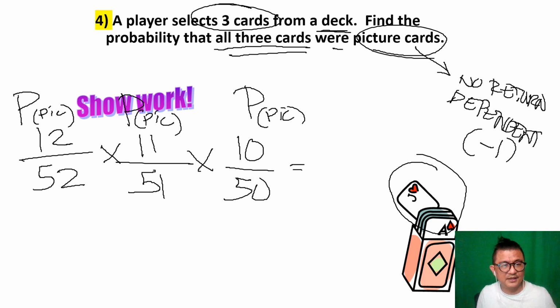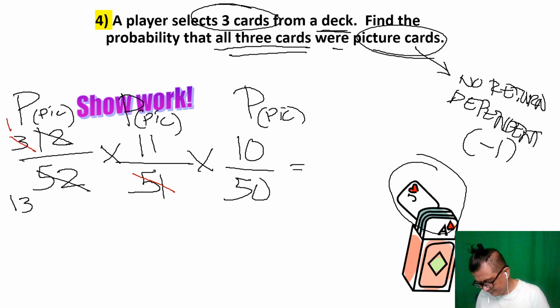I could divide 52 by 4. 52 divided by 4 is 13. 12 divided by 4 is 3. Anything else I could divide? I could divide 51 and 3. 51 divided by 3 is 17.